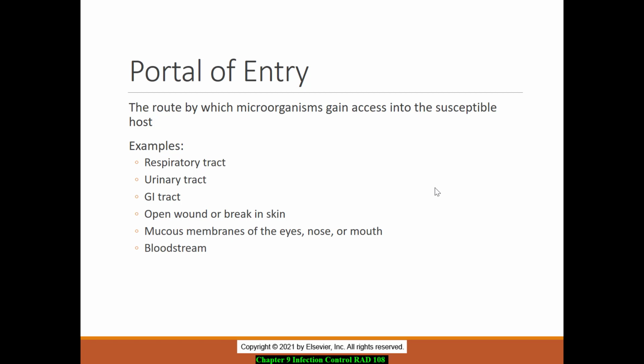We don't want to have a microorganism that gets through the respiratory tract. If it's on your hands, it can get through your urinary tract, the GI tract, mucous membranes of your eyes, nose, or mouth, or bloodstream. So any of those breakdowns will cause you to allow that pathogen in.